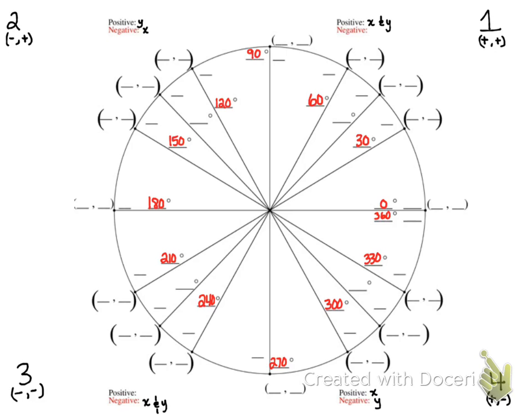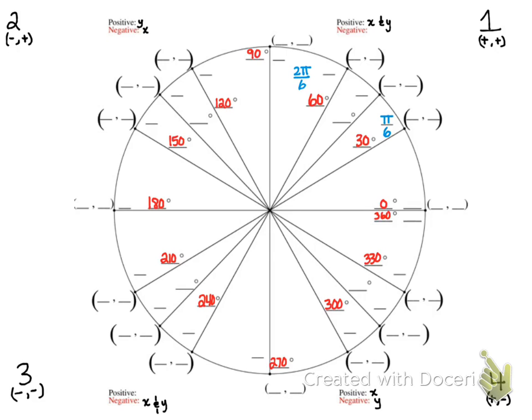So now what we're going to do is go through and label the radian values for each of these. So we know 30 is pi over 6. Now, I know that I added 30 to 30 degrees. So if I have pi over 6, I'm going to add another pi over 6. So that's going to be 2 pi over 6.